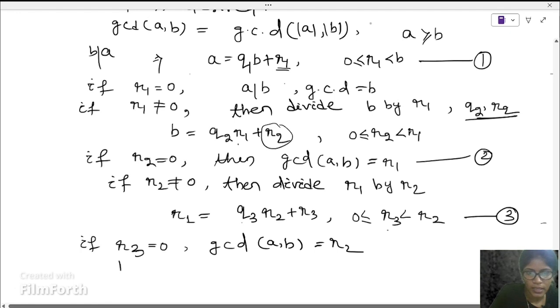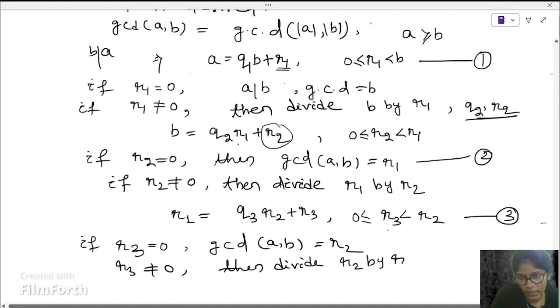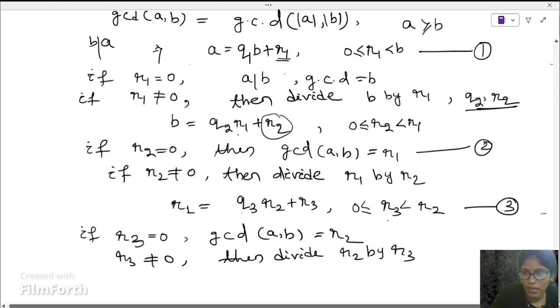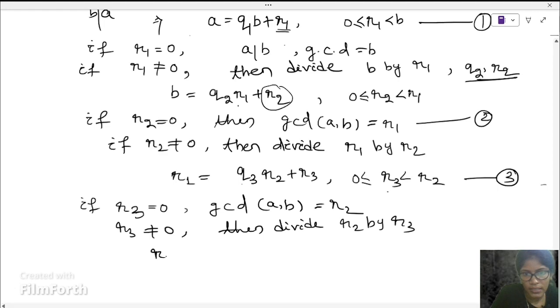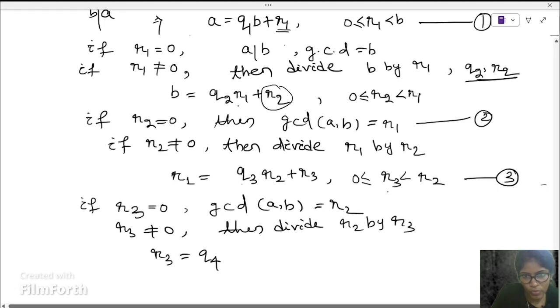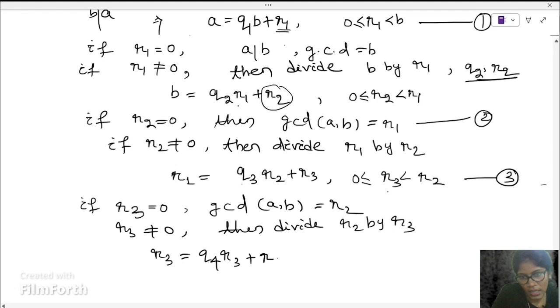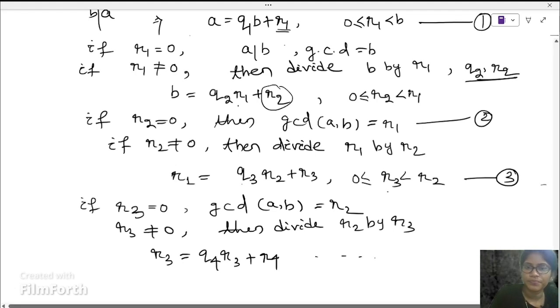If r3 is not equal to 0, then divide r2 by r3, and we can write r2 is equal to q4 r3 plus r4, where r4 is greater than or equal to 0 and less than r3.